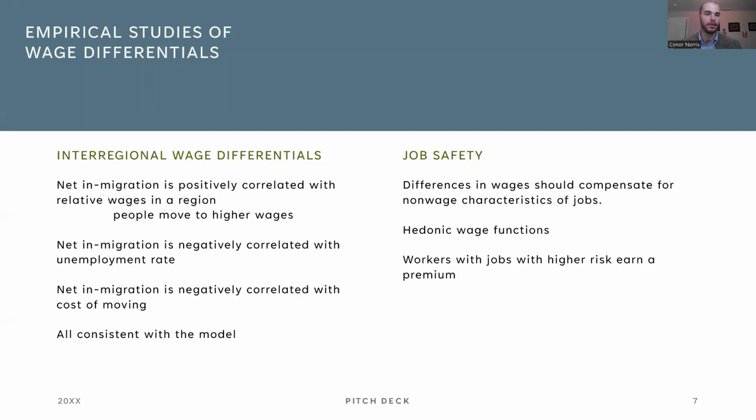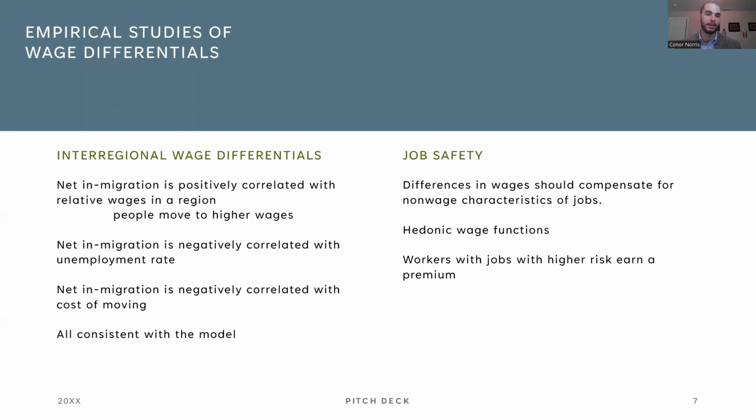Net in-migration is negatively correlated with the unemployment rate. So if there's excess workers there that can be pulled out and enter the labor force if wages start to rise, there's a lot of those people around. People are less likely to move to the area as well.